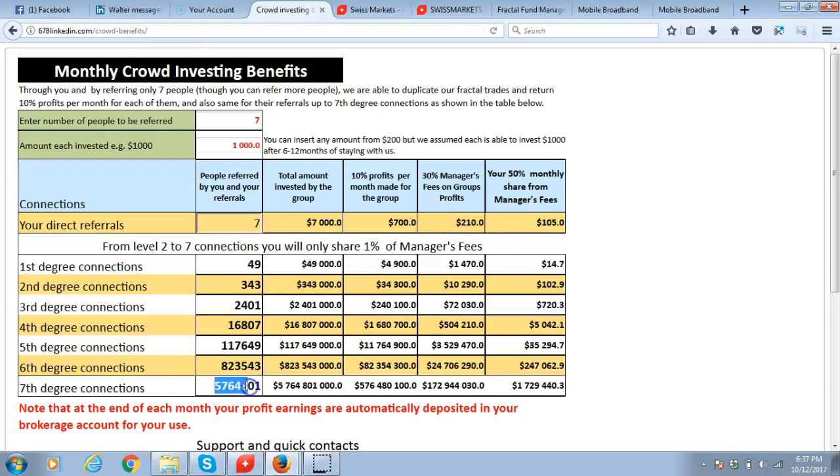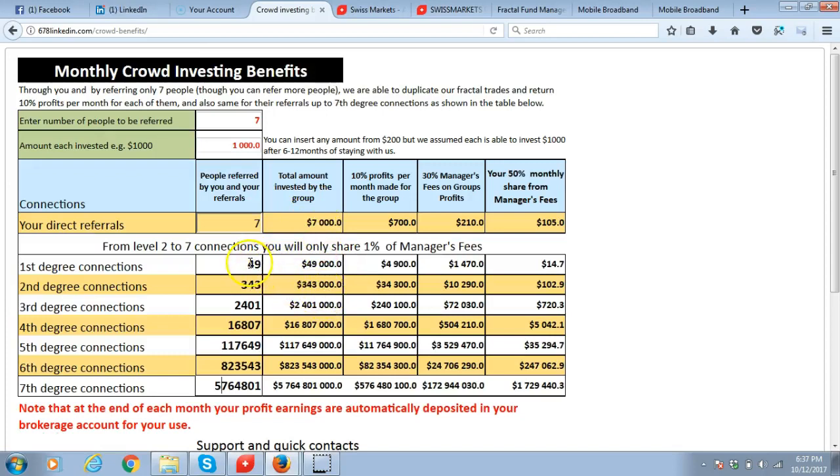You don't know them, but because it is automatically calculated, each person that all of these people who started from your network introduce, they will be also part of your connections. Now, we are not going to pay you 50% profit if they all contribute to the fund.